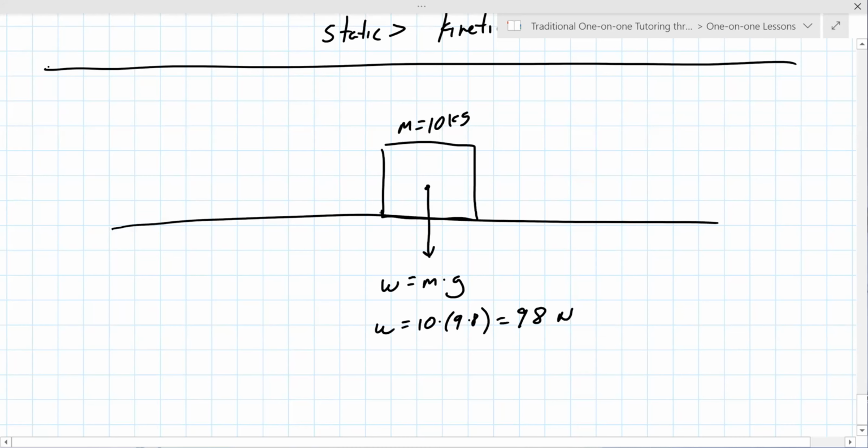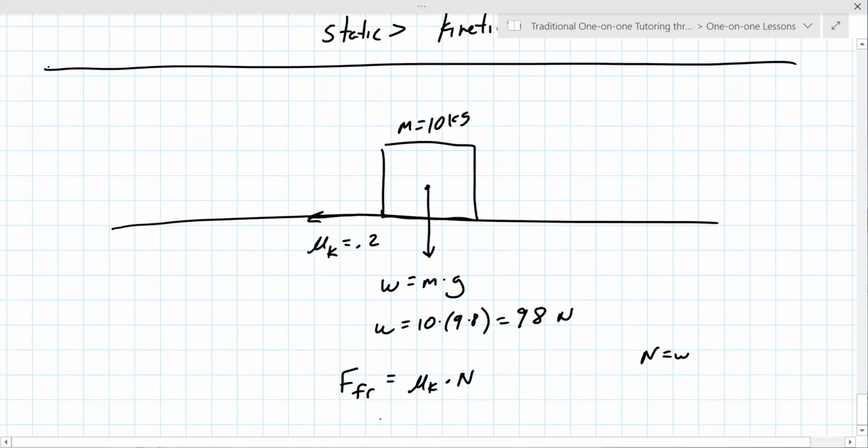The surface here has a kinetic friction coefficient now, because we're going to talk about it in motion, of 0.2. So the force of friction is the kinetic friction coefficient times the normal force, and the normal force in this case equals the weight.